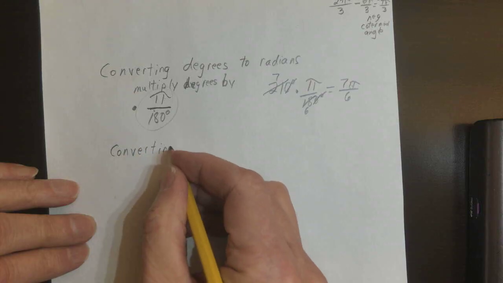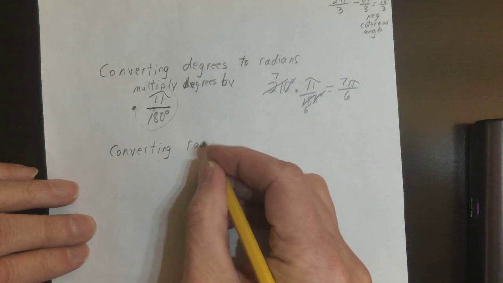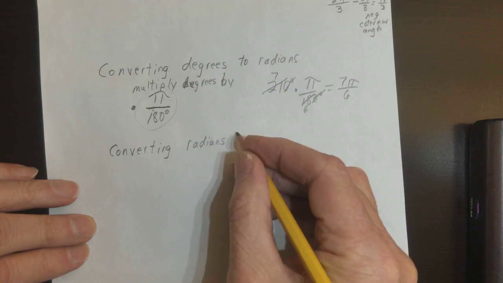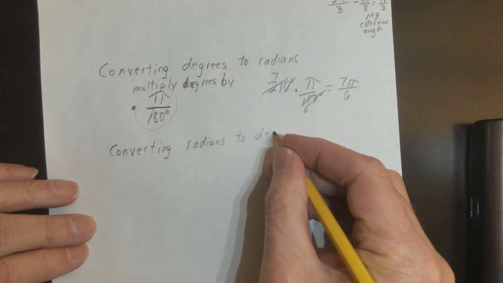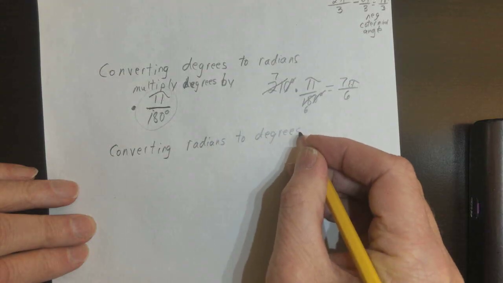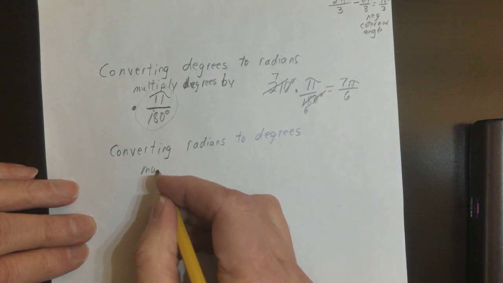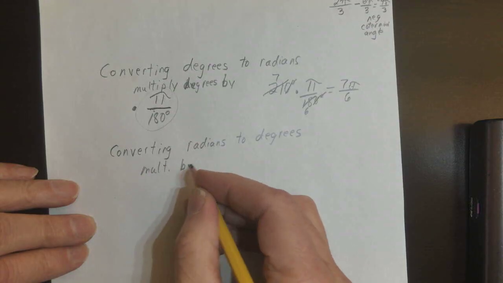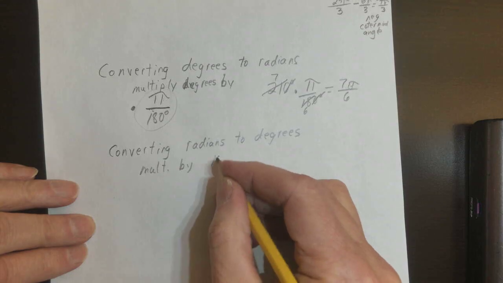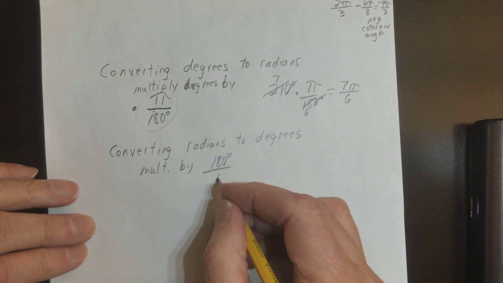And then we did converting radians to degrees. Okay, we will multiply by, we're just going to flip that, 180 degrees over pi.